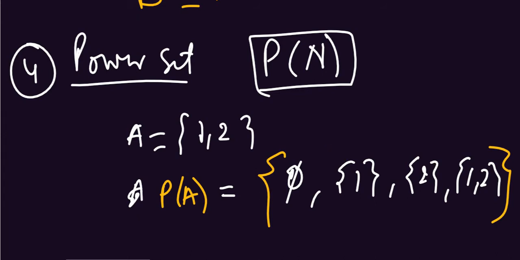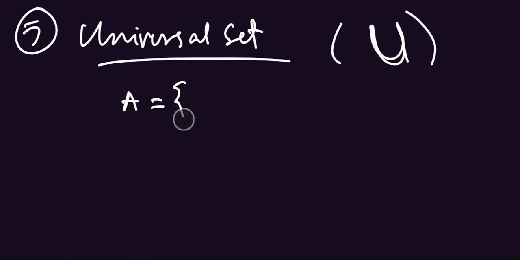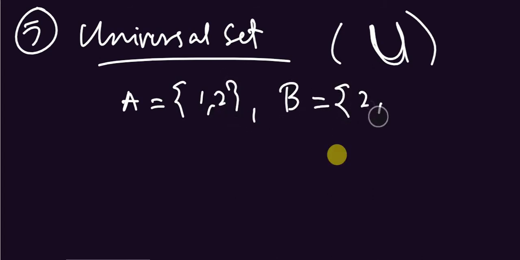So moving further, the fifth type is universal set. Universal set means having all elements under consideration as a whole, denoted by U. Just like A has 1 and 2 and B has 2, 3.